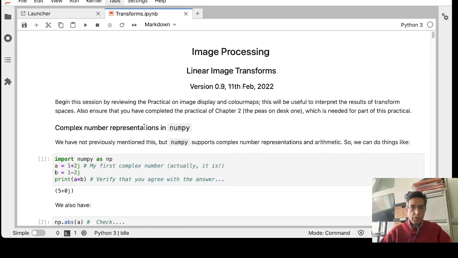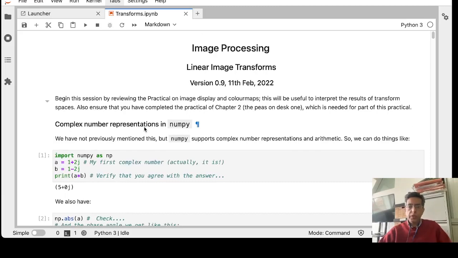Okay, folks, so let's move into chapter 3, the chapter 3 practical, which is on linear image transforms. There's occasionally been confusion about the difference between linear image transforms and linear image operators.